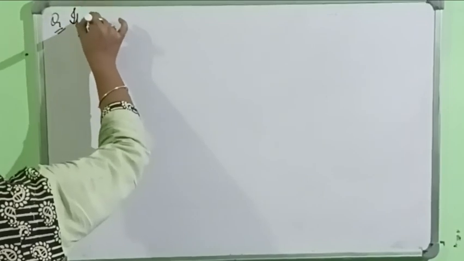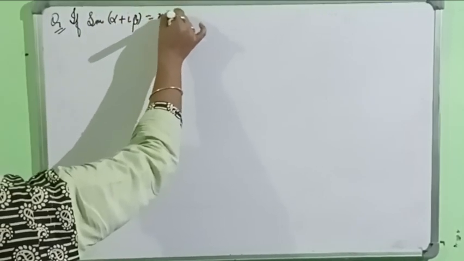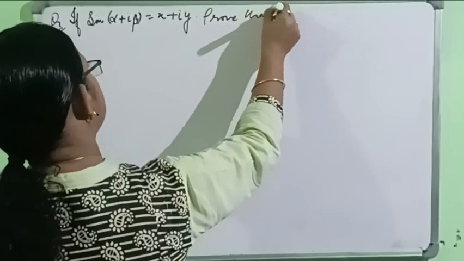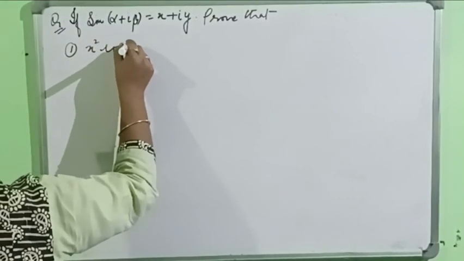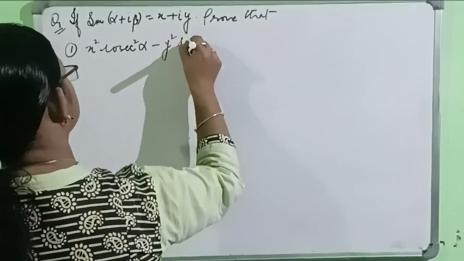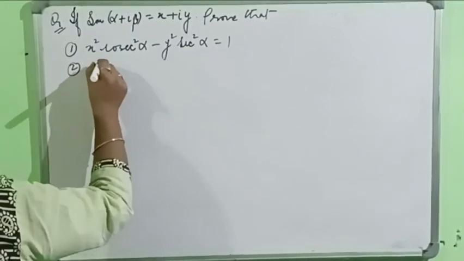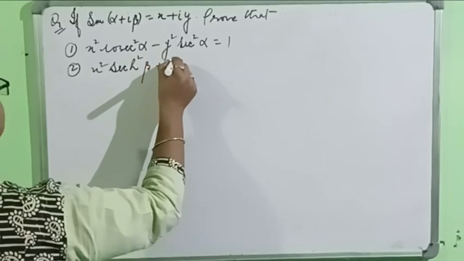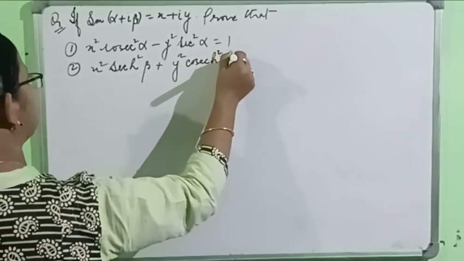If sin(alpha plus i beta) is equal to x plus i y, prove that number 1: x square cosec square alpha minus y square sec square alpha equal to 1, and number 2: x square sech square beta plus y square cosech square beta is equal to 1.